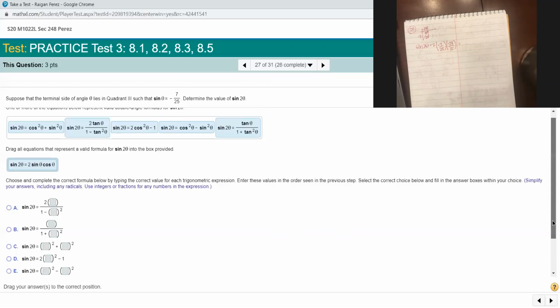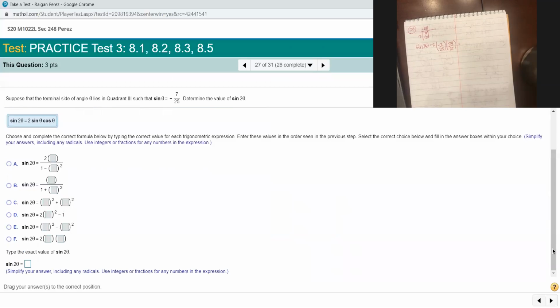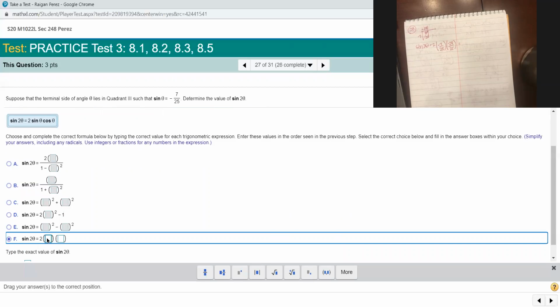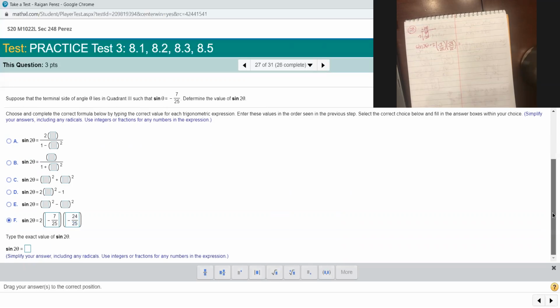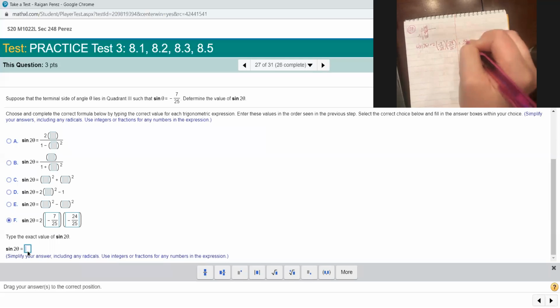So find the correct one to plug in. This one. So negative 7/25, negative 24/25. And that value is 7 times 24 times 2, which is 336, over 25 times 25, which is 625.